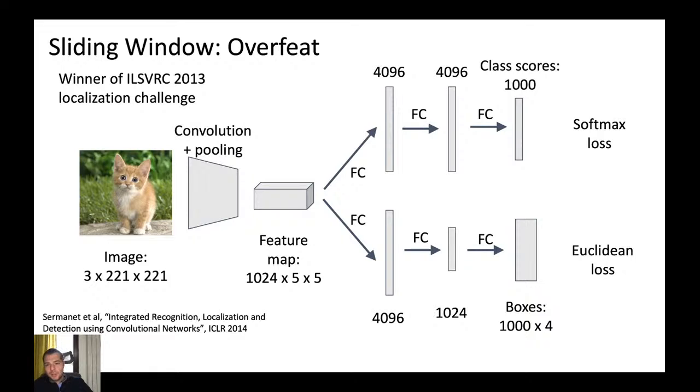They used a convolutional neural network, and they applied two heads, one for the classification and one for the localization of objects. And here they used the Euclidean loss. So they measured the Euclidean distance between a predicted bounding box and the correct bounding box location.